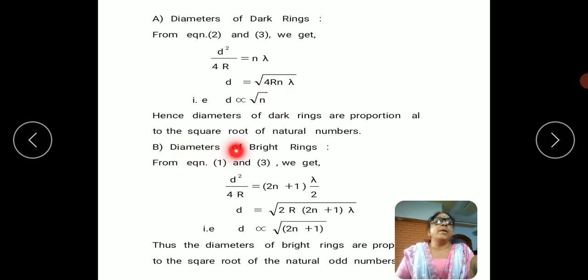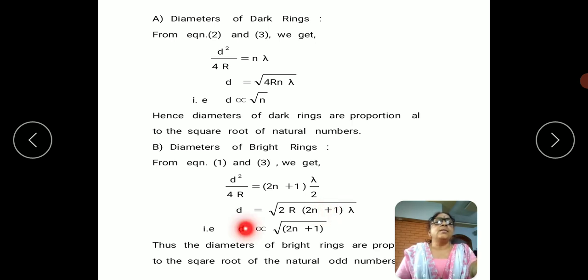Then the diameter of the bright rings. Here we substitute equation 3 in equation 1 and get D square by 4R is equal to (2n plus 1) lambda by 2, where D is equal to square root of 2R (2n plus 1) lambda.